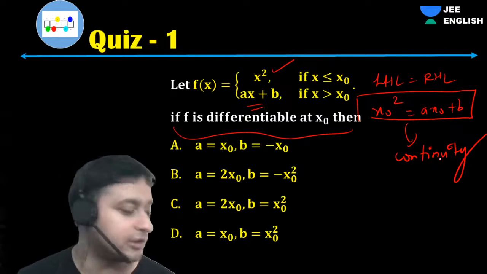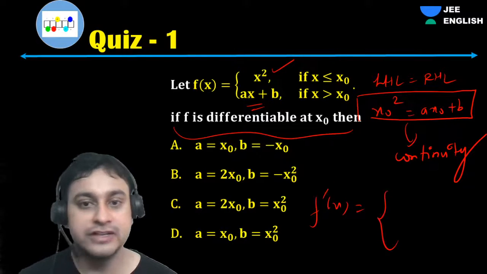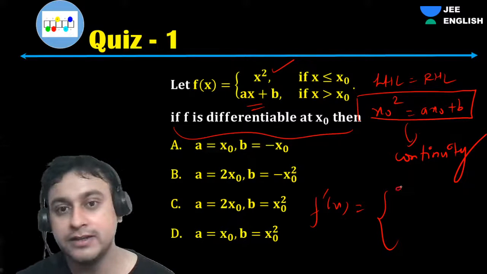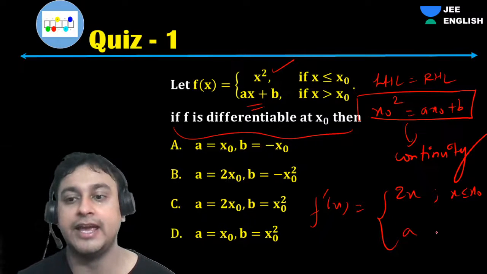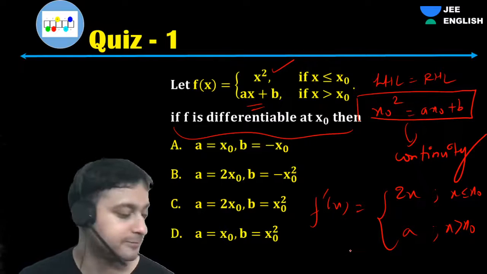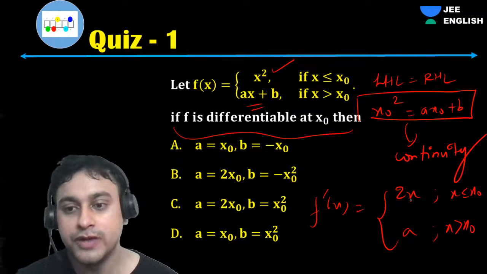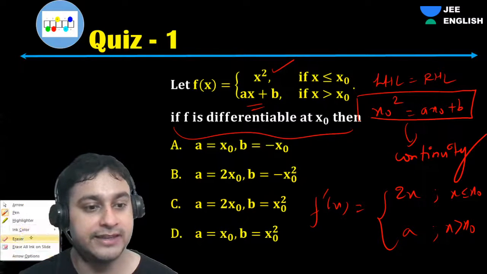Now differentiable also. So what is f dash of x going to be, guys? Differentiate the upper part, and you get 2x for x less than or equal to x naught. If you differentiate the lower part, you will get a for x greater than x naught. Now obviously, if it is differentiable, the LHD should be equal to RHD.